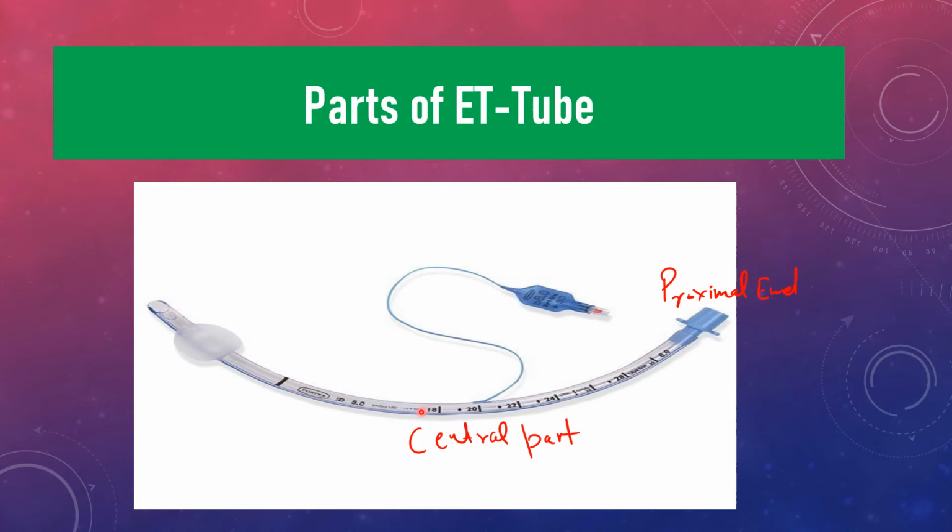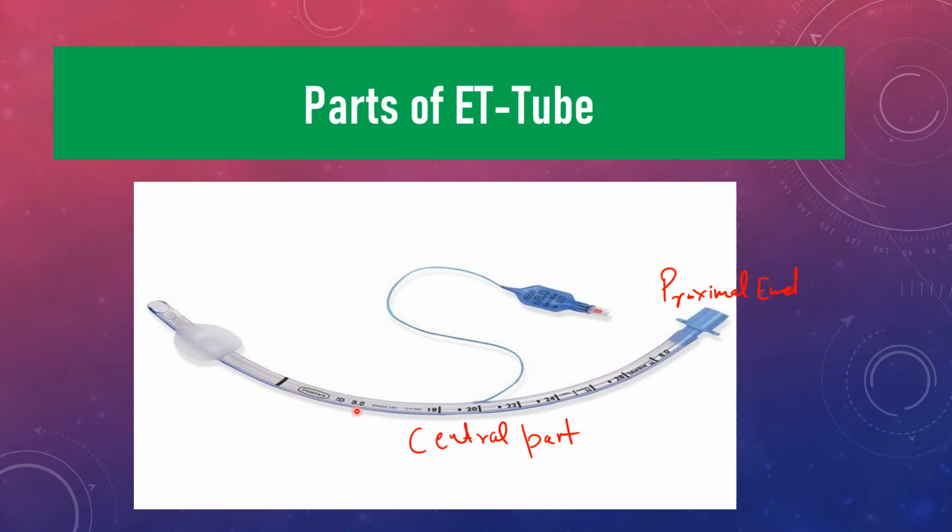And there are indications and numbering all over the central part. So I will tell you. The black line indicates the vocal cord guide. It guides the physician whether the ET tube is inserted past the vocal cord or is still above the vocal cord. So this provides guidance to the physician.